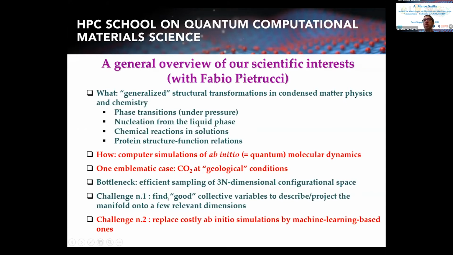So the first challenge is the one that Fabio will present tomorrow, and which is at the heart of the Maestro collaboration. The latter one, I will say a word about today because, as I mentioned earlier, we are starting to use machine learning methods a bit differently from what Dario showed yesterday in quantum wave functions.